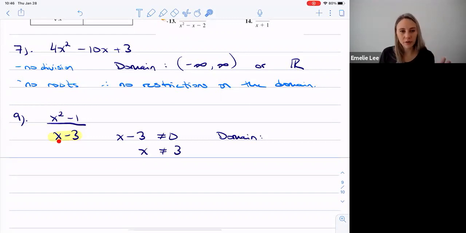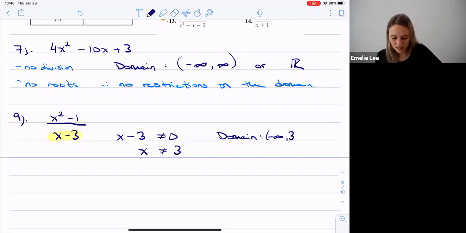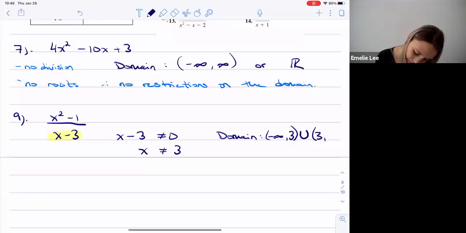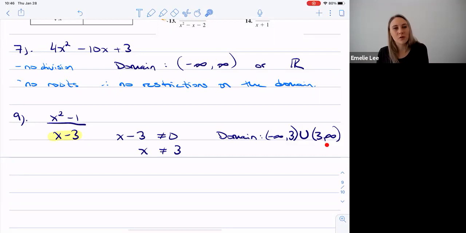So in interval notation, how we write this is we start here at negative infinity, and then we go to 3, but not including 3. So we do a round bracket. And then we're going to do a U to connect these, right? The union. And then we pick right back up at 3, but not including 3. And then we're able to go to infinity.